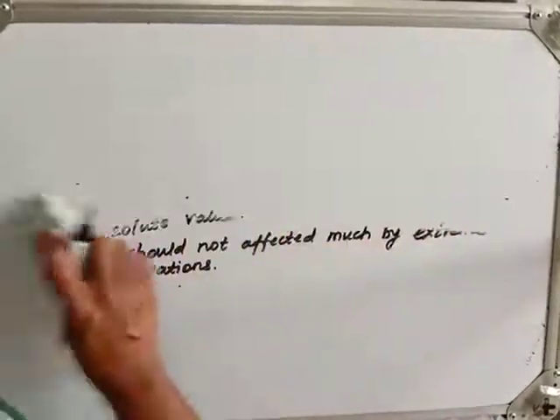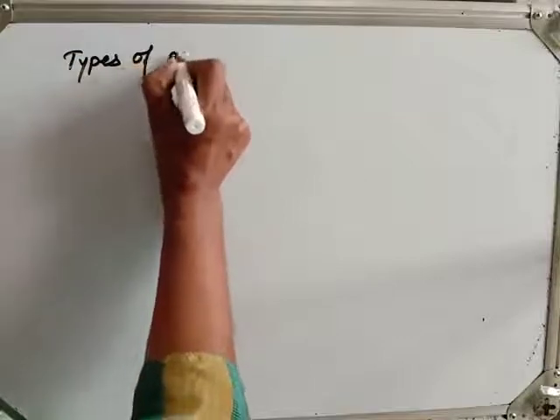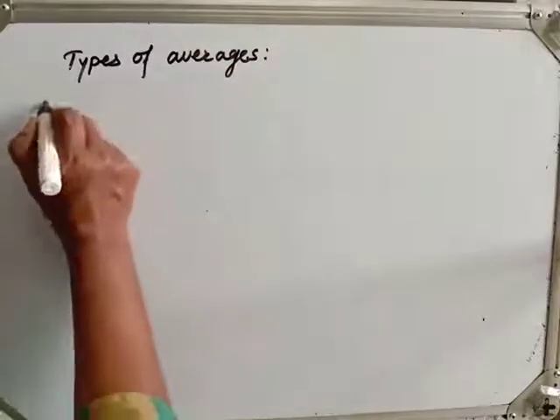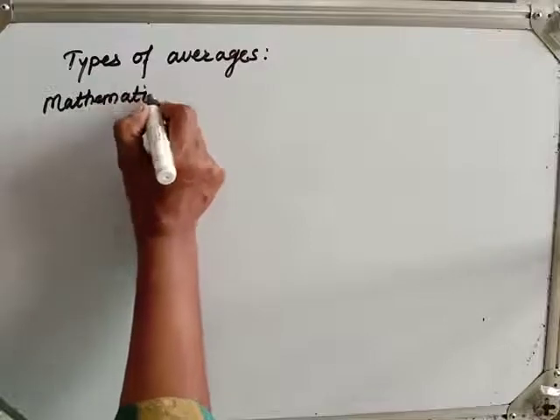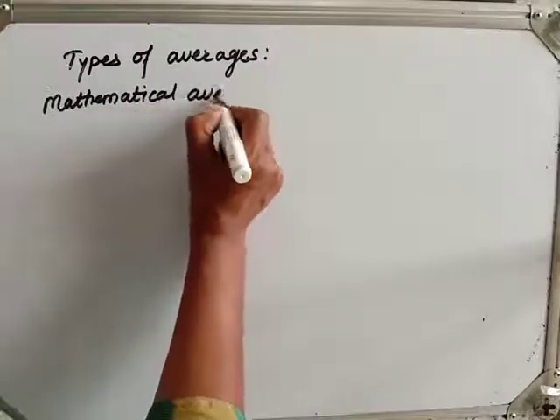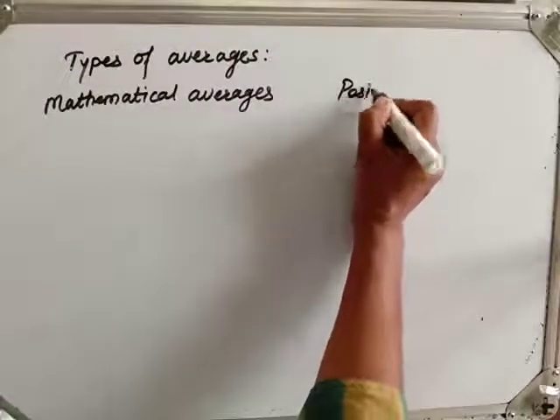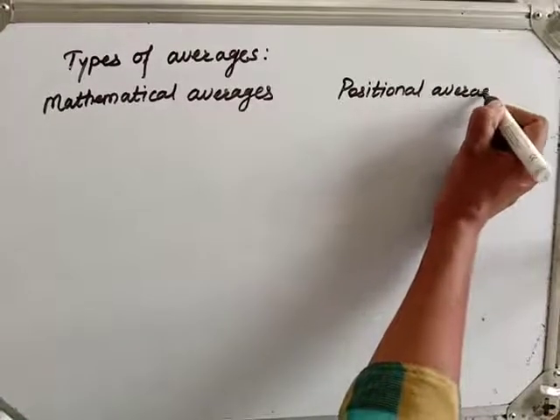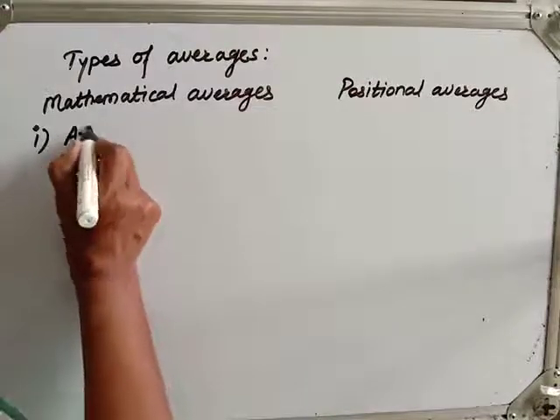Now the next thing is types of averages. The types of averages are actually 6. Among them 3 are mathematical averages and 3 are positional averages. The first mathematical average is arithmetic mean.